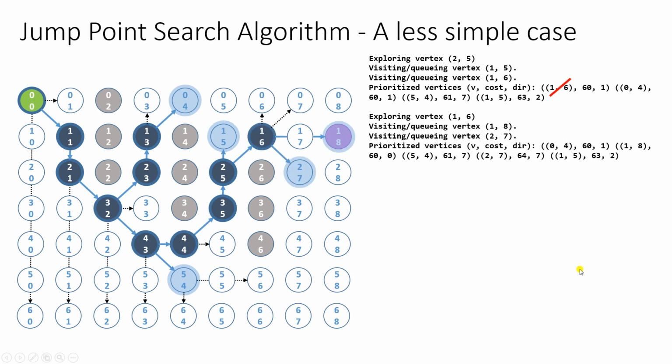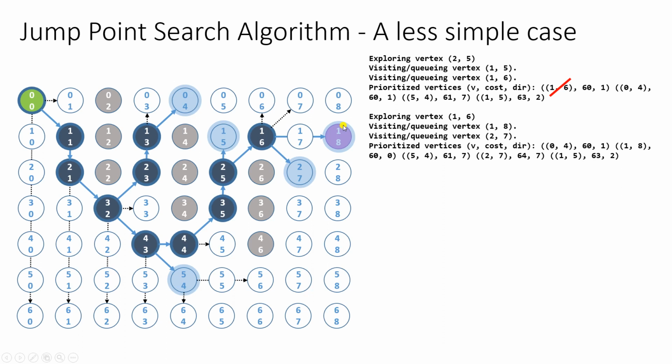Now that we are exploring vertex 1, 6, it tried to continue diagonally, but before continuing diagonally, it also had to check upwards. 0, 6 is not an interesting vertex. It tried to look to its right, and it found a vertex 1, 0. It still doesn't know it's the goal vertex.